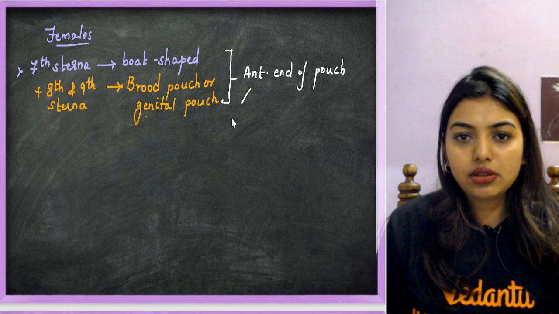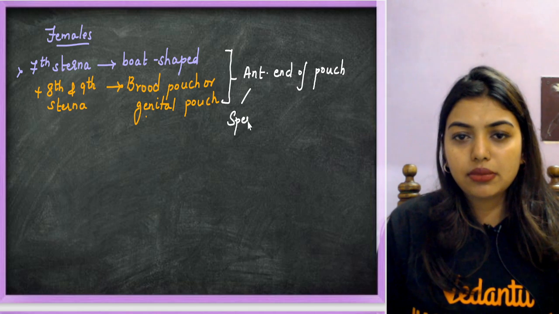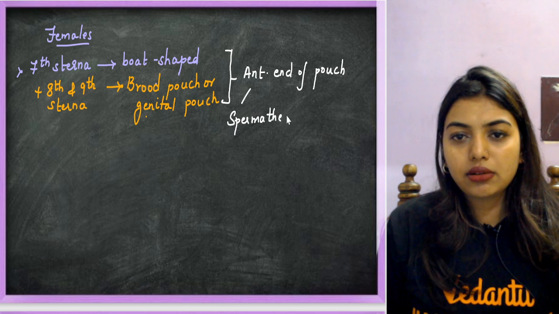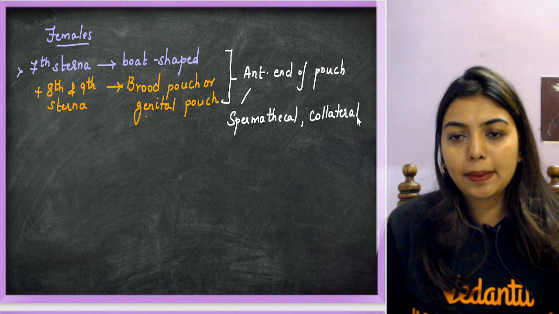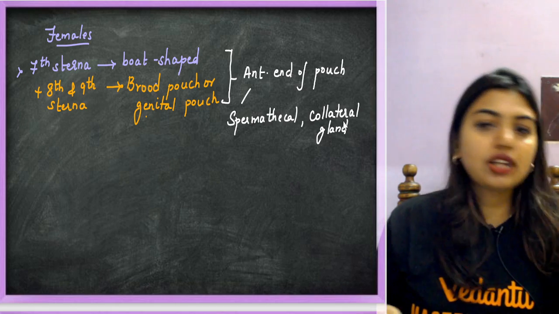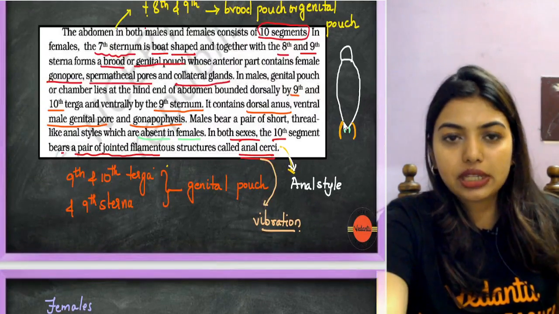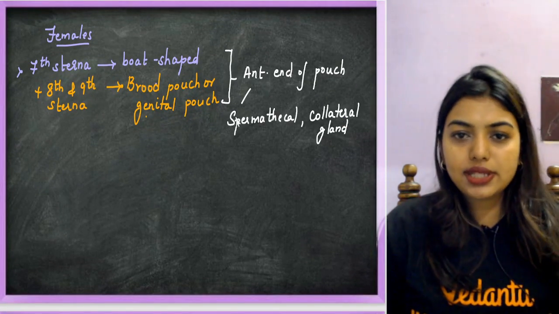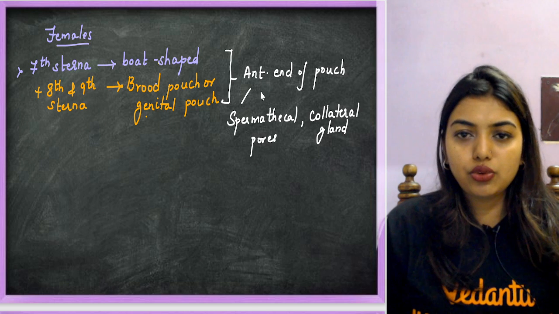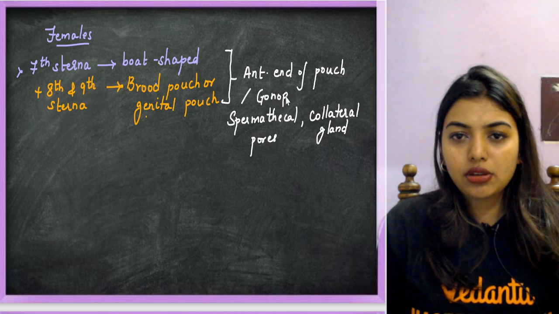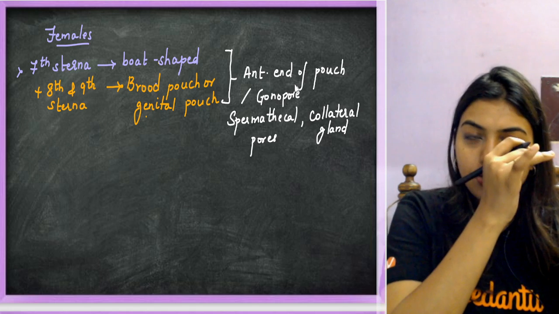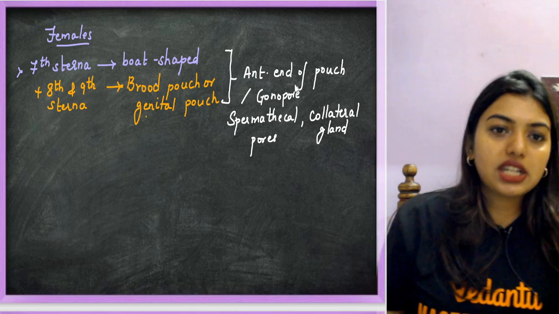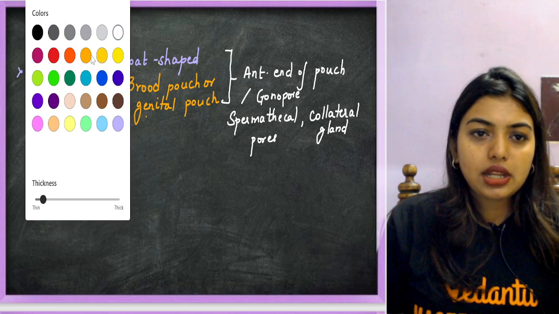You have spermathecal pores, gonophores, and your collaterial glands. Even if you don't remember this, no problem. This is not important for you, because you will anyway study this in the reproduction chapter.